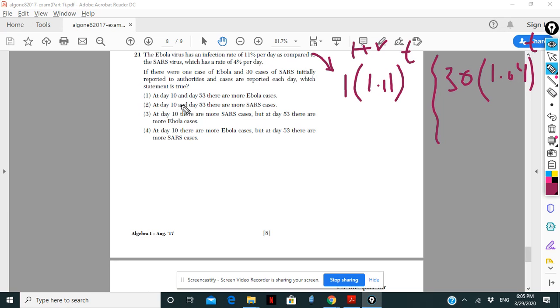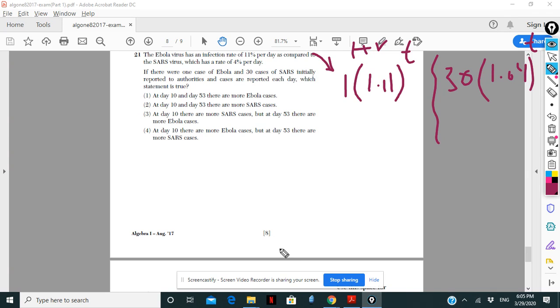At day 10 and day 53, more Ebola cases. So what does it mean? I need the graphing calculator to do that. So one time I'm plugging in 10 and 30.